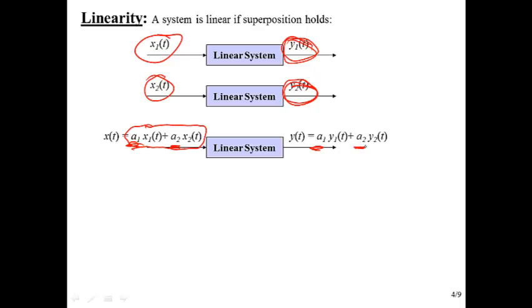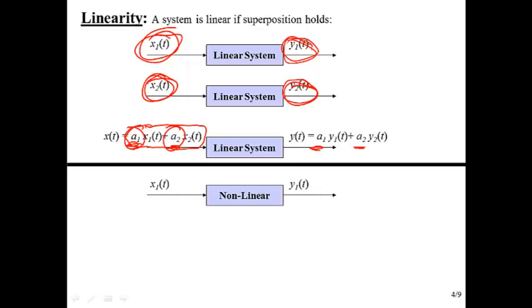That's it. Now, it's not enough to show that this holds for some x1 and some x2 and some a1 and some a2. No, this has to hold for any possible combination of those, or another way to say it, for every possible combination of those. So that's the idea.